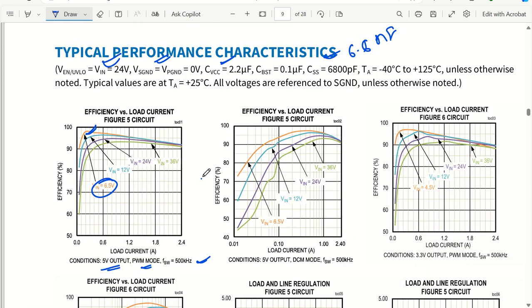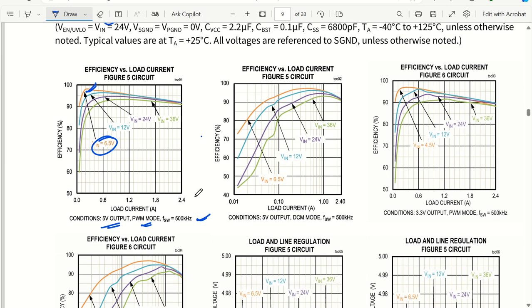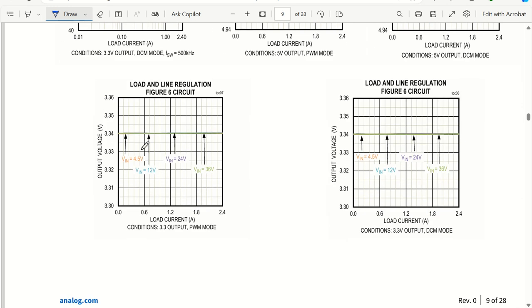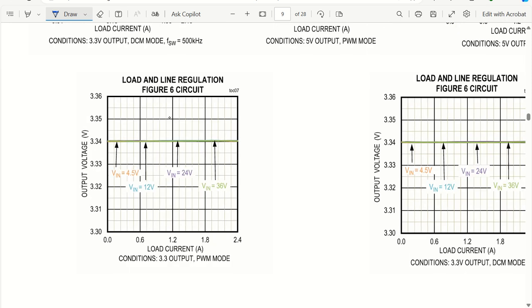Similar to that, you can have a look at the other typical characteristics, but there is no need for that. Like we saw one, efficiency versus the load current, and we have an understanding of how my efficiency varies based on the input supply voltage. Similar to that, we have load and line regulation. Load regulation is actually very important because it is a high current IC.